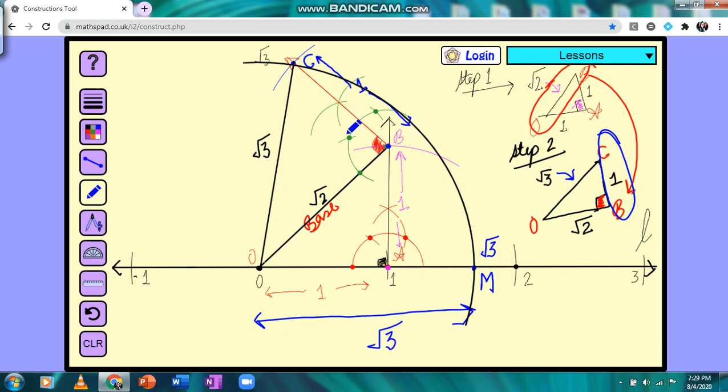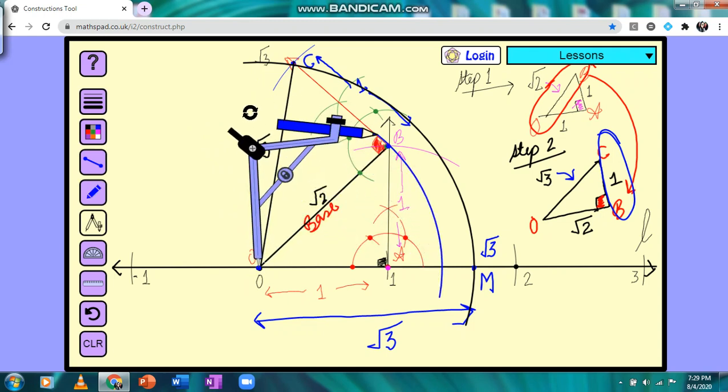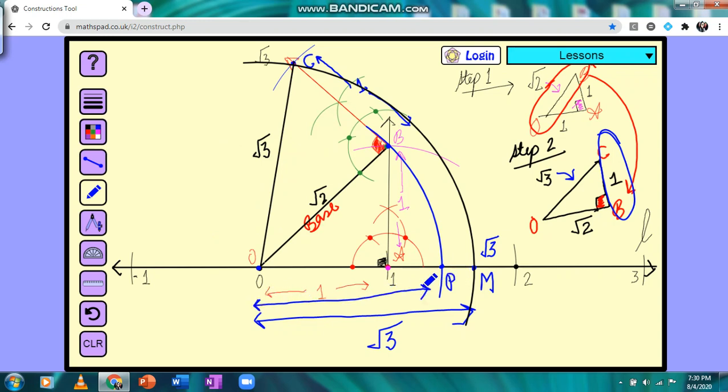If you want, you could have shown root 2 also. To show root 2, you would need to open the compass of this length. This is now root 2, and you can copy it onto the number line. This, let's say, is P, then OP will represent root 2.